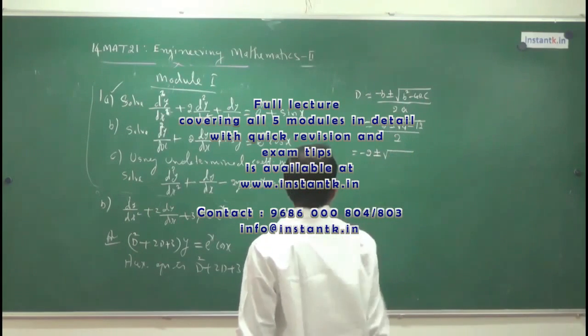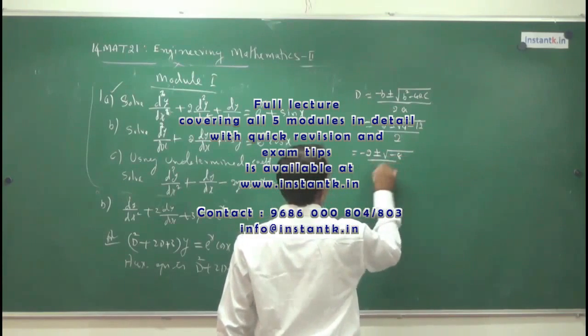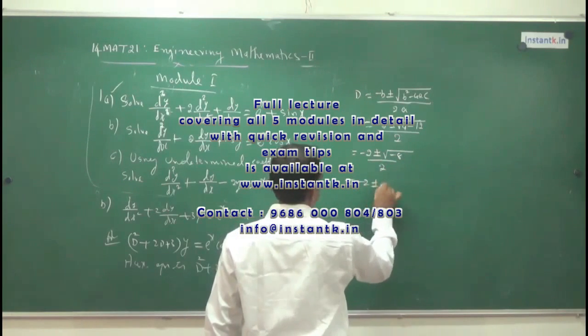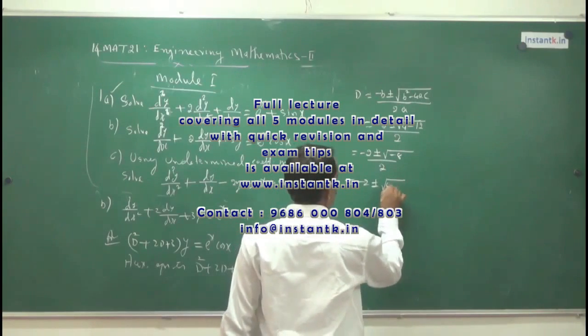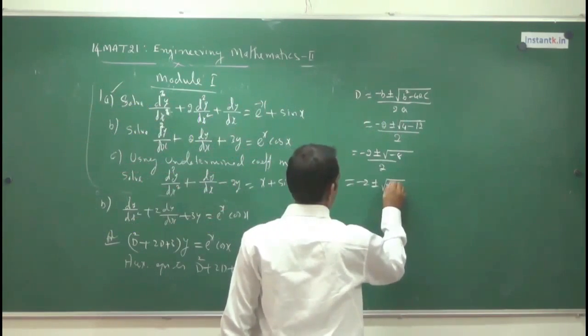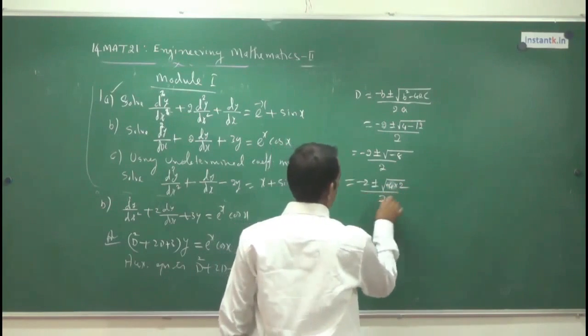That is minus 2 plus or minus square root of 4 minus 12, minus 8, by 2. Square root of minus 8 can be written as 4 into minus 2, or minus 4 into 2, divided by 2.